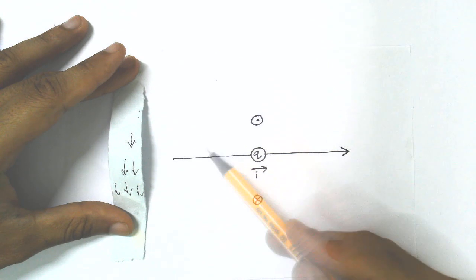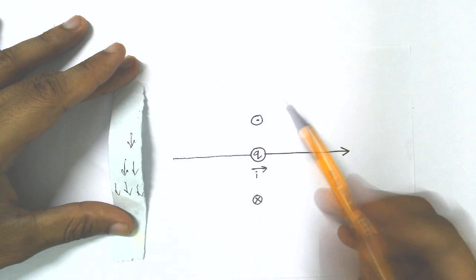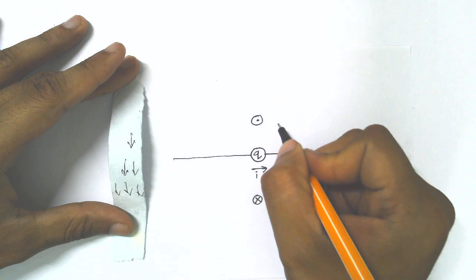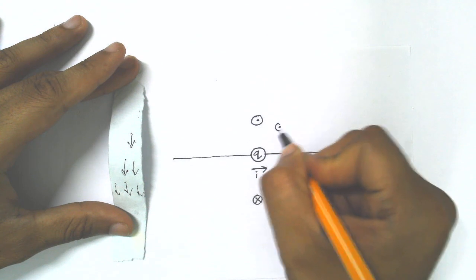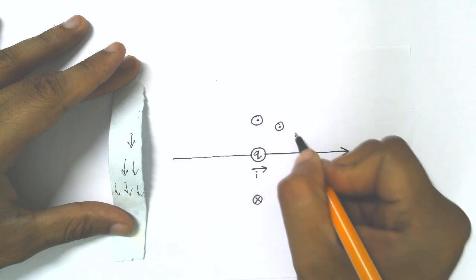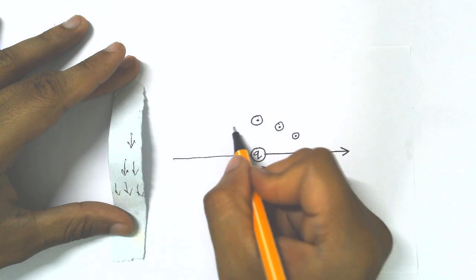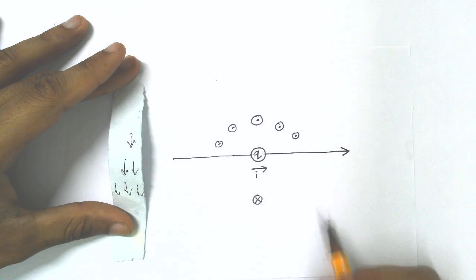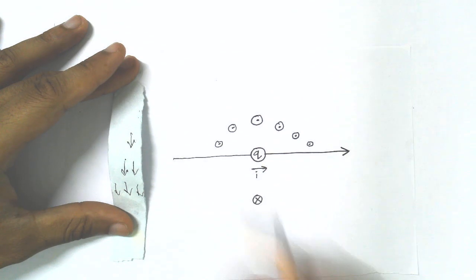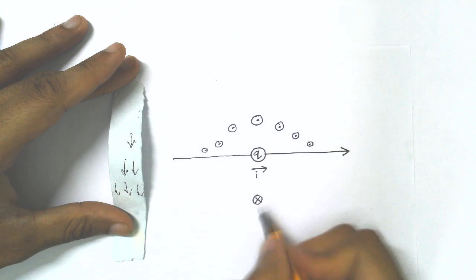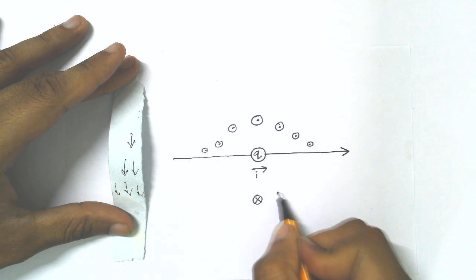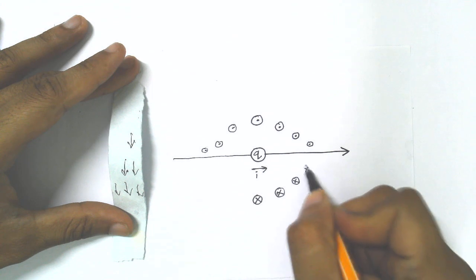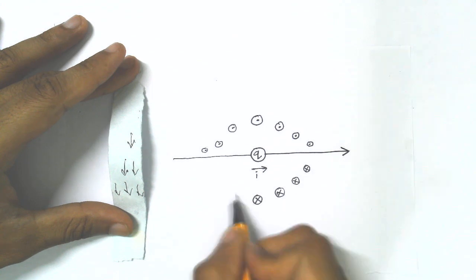On this side, everywhere the lines of force will be coming out of the paper like this, and on this side it will be entering the paper like this.